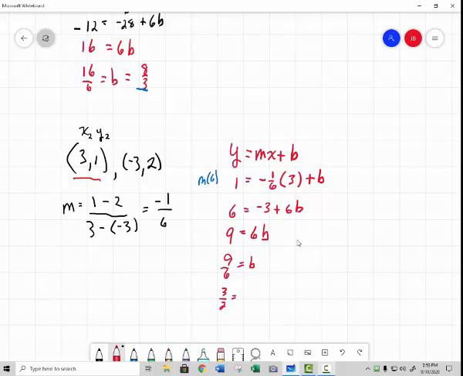And my equation then would be y equals m, which I know is negative 1/6, and I know that b is 3/2. And there's the equation of the line passing through those 2 points.